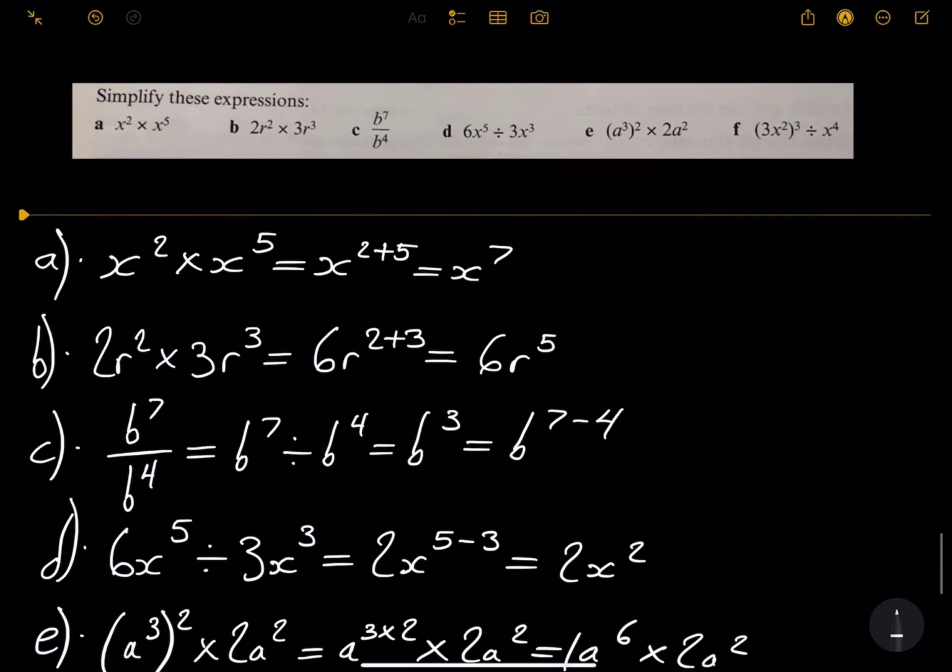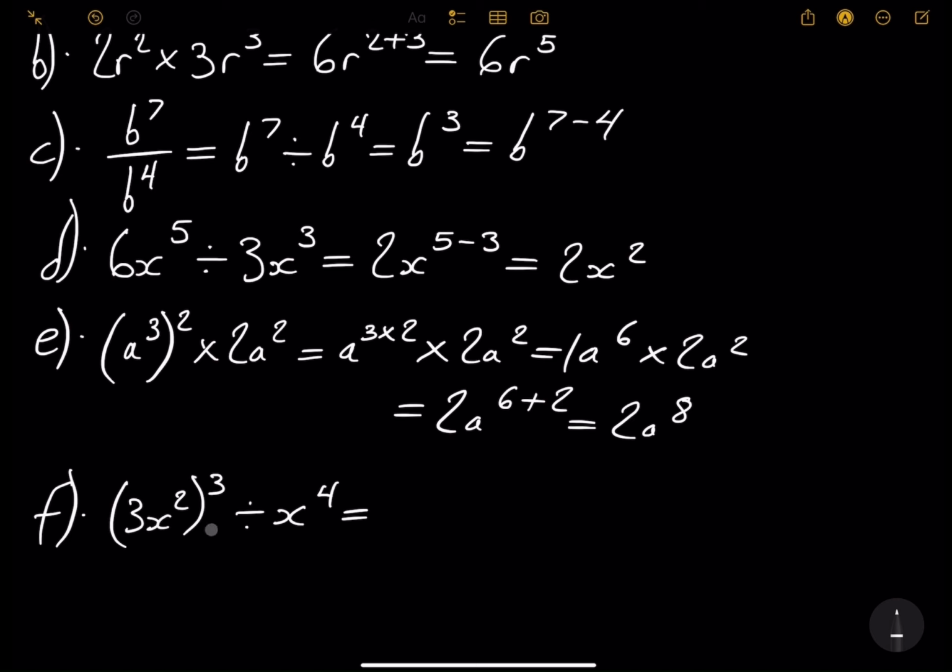And now for the last one. In this case, we're going to raise everything here, so we're going to raise 3x squared all to the power 3. So we'll start off with the integer, so 3 cubed, so 3 raised to the power 3, multiplied by the other index law we talked about.